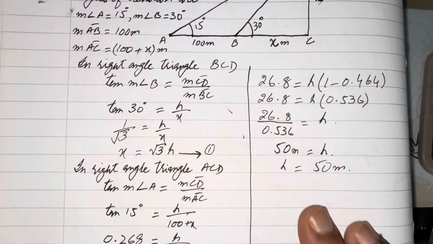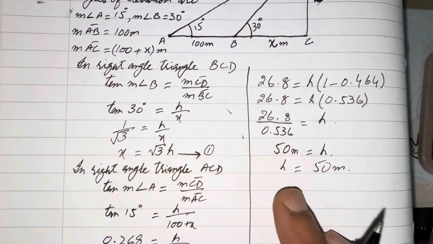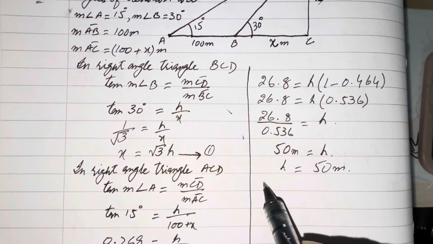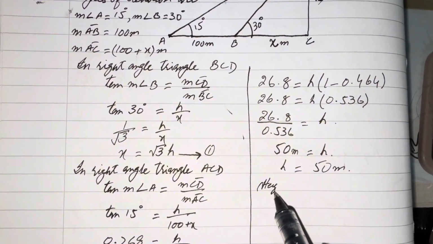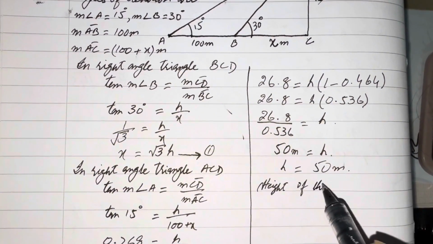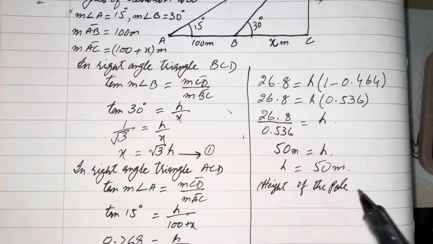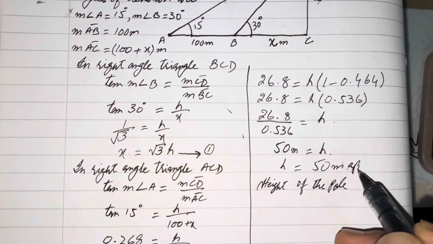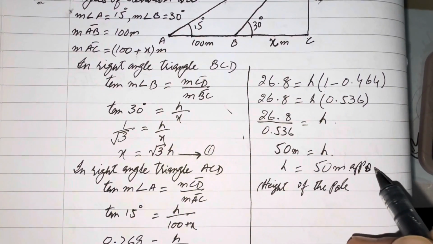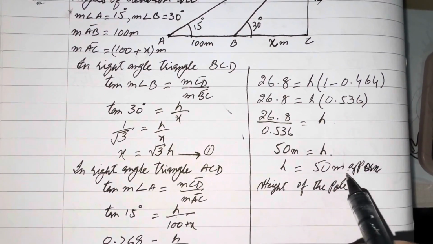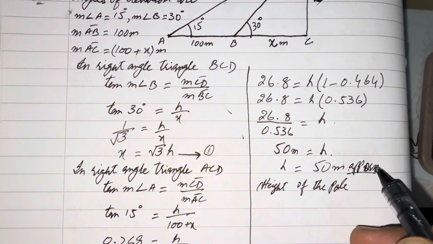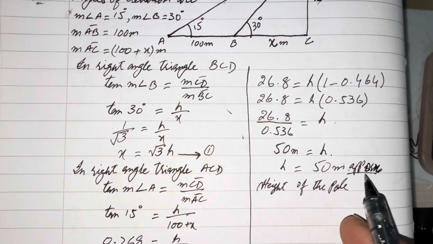So that's how we can find the value of h. H is the height of the pole, so we can say that the value of h is approximately 50 meters.